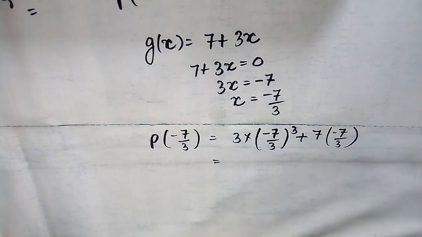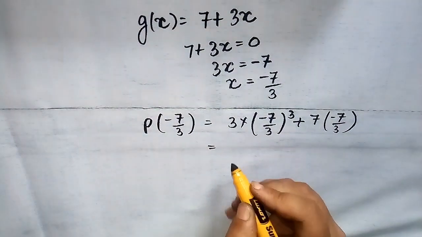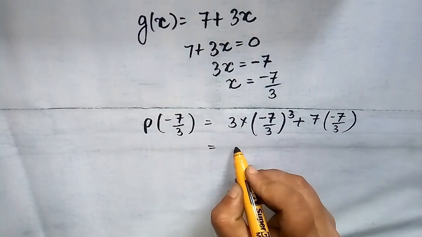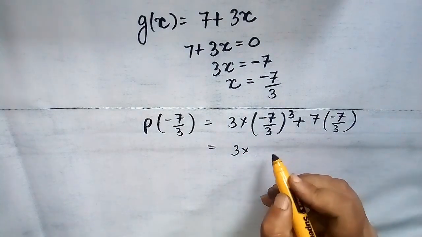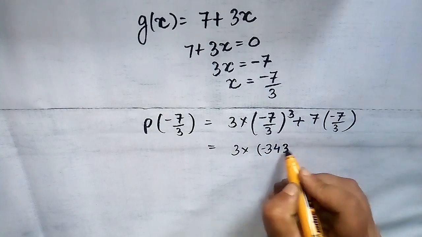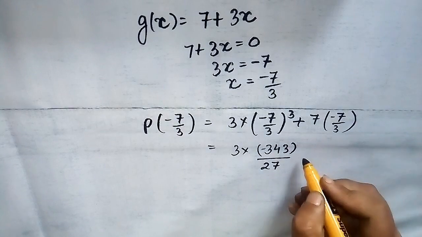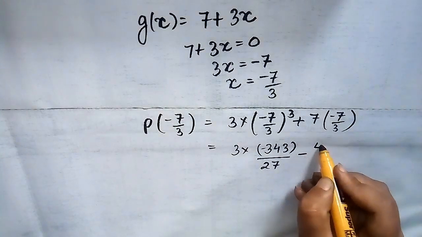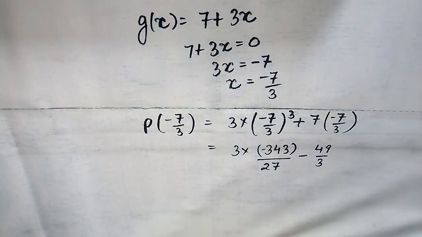Now simplify it. It will be 3 into minus 7 cube, which is 343, it will be negative, upon 3 cube, which is 27. 7 into minus 7 is minus 49 upon 3.